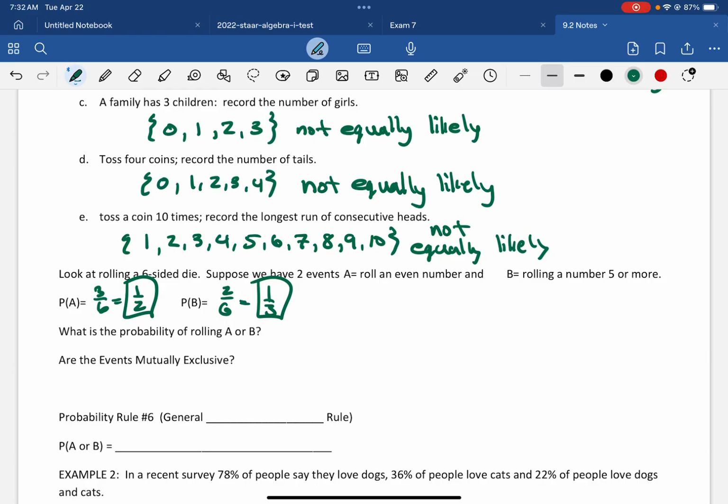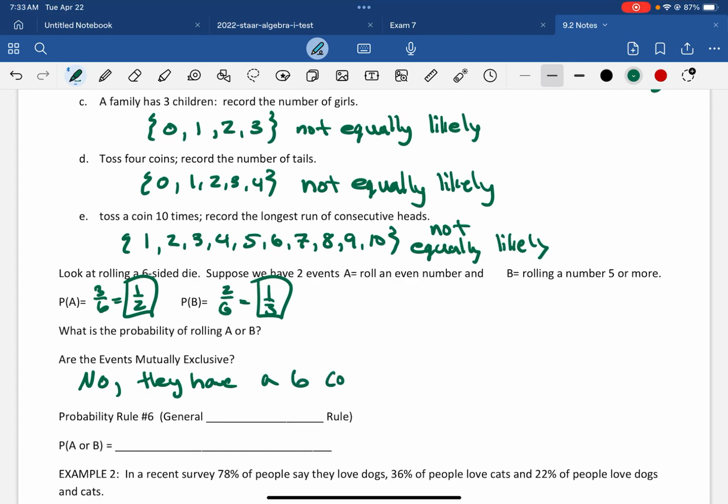All right. Well, A or B, we have to ask ourselves, are the events mutually exclusive? Can they happen at the same time or not? They are not mutually exclusive, okay? Because they have a 6 in common. If you roll a 6, you are rolling an even number and a number 5 or more, okay?